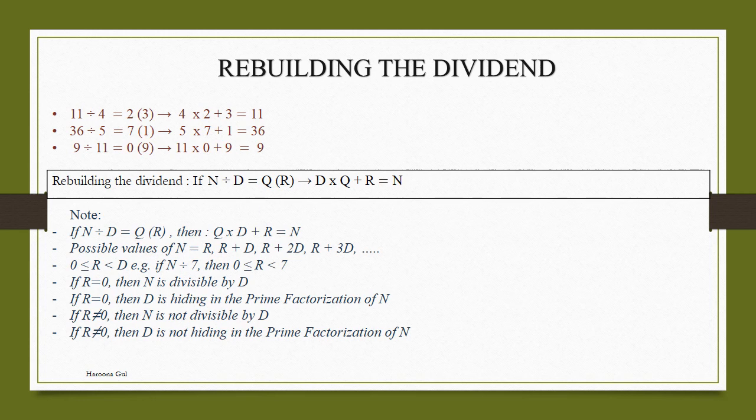Now kindly note that if n divided by d is equal to quotient q with remainder r, then q times d plus r is going to give us n, that is the dividend. The possible values of n could be r, r plus d, r plus 2d, r plus 3d, and so on.